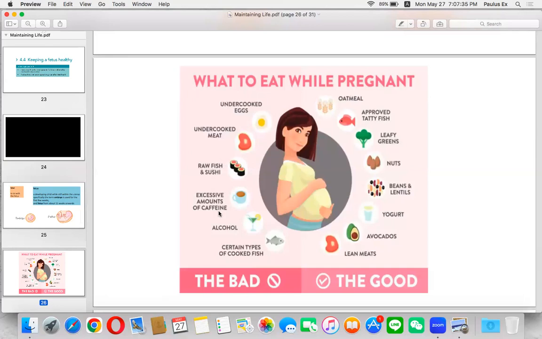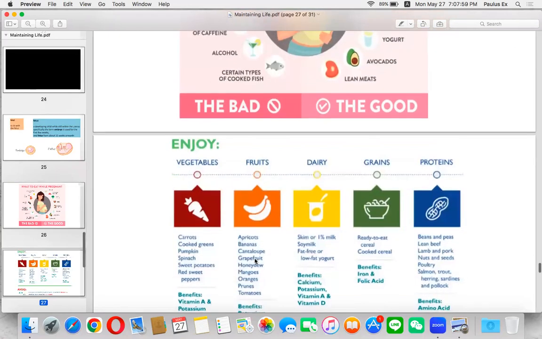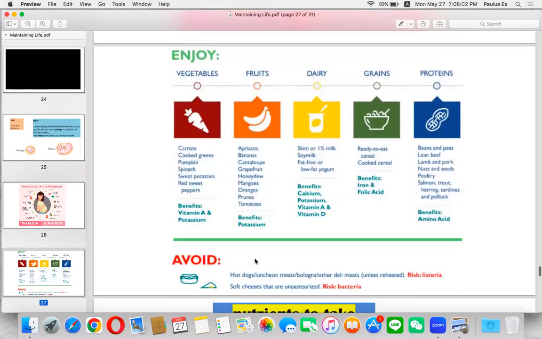And then excessive amounts of caffeine make the baby unable to feel sleepy, so the baby continuously moves around in the mom's stomach. So we have to ban this food. Alcohol also, and certain types of cooked fish. Okay, and then enjoy the vegetables, fruits, dairy, grains, proteins.